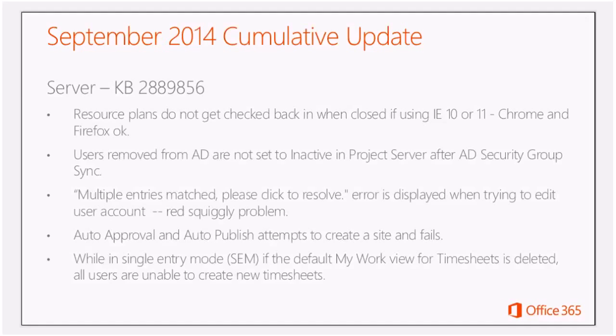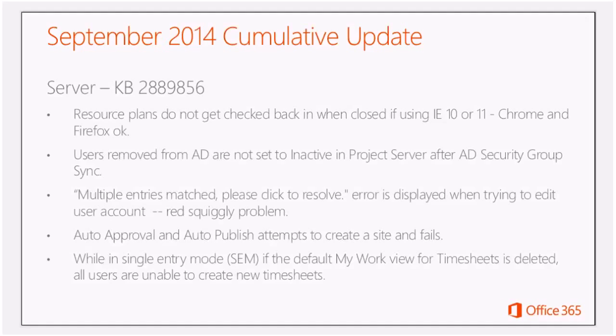The fourth item here is that auto approvals and auto publishes can cause site creation to fail. And you're thinking, well, why would this happen? Well, consider this example. When a project manager publishes a project, there is an option that lets them choose whether or not a site gets created.